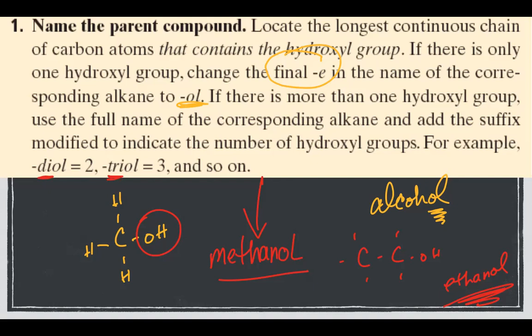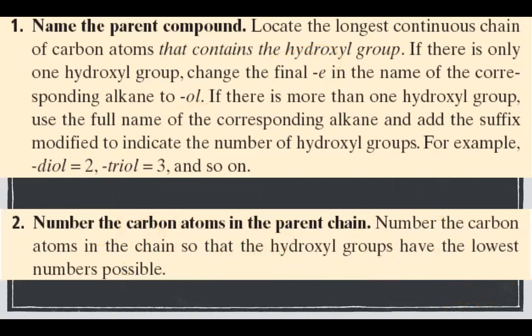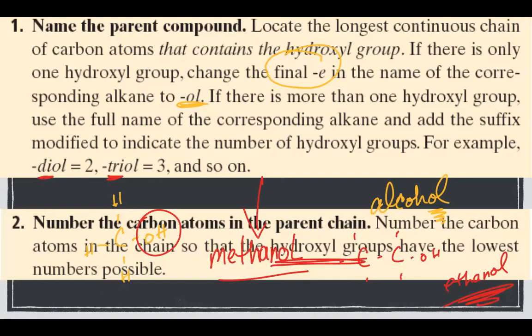And of course, the position numbers are going to be given to the functional group. So you're going to number the carbon atoms in the chain so that the hydroxyl groups have the lowest number possible. So it's really going back to the very beginning when we talked about alkanes, and the only thing that you add to all single bond hydrocarbons are the alkyl groups.